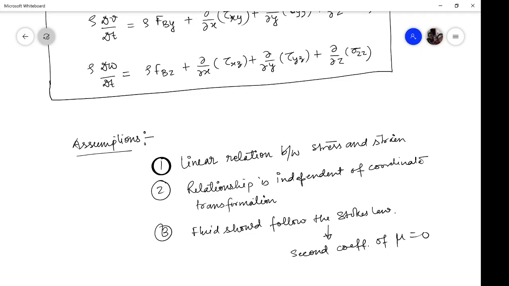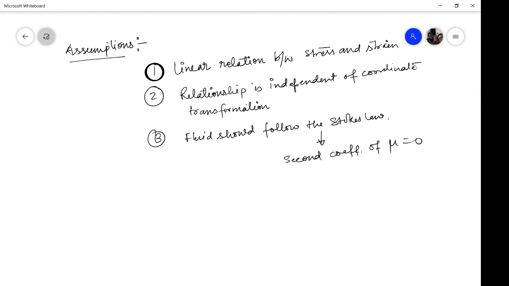Any fluid for which the second coefficient of viscosity is 0, that particular fluid is called a Stokesian fluid. And what does this mean? This means that the viscosity which arises due to the exchange of energy or momentum between different degrees of freedom, like translation, rotation, vibration, and so on, should be absent.